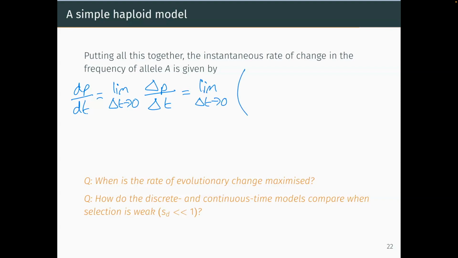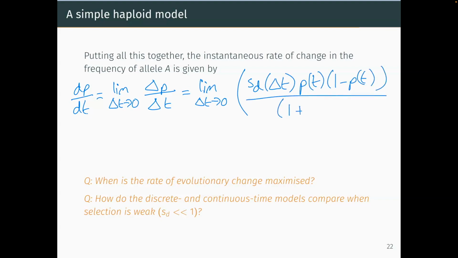So if we substitute in our equation for delta p, whilst also accounting for this window of delta t, it's ever so slightly different to what we had before. We had SD of delta t times by p of t times by 1 minus p of t over 1 plus SD of delta t times by p of t.